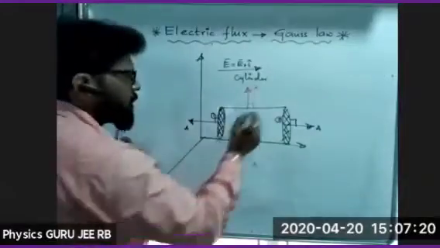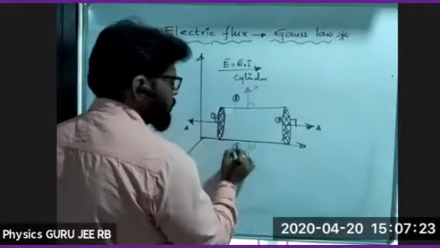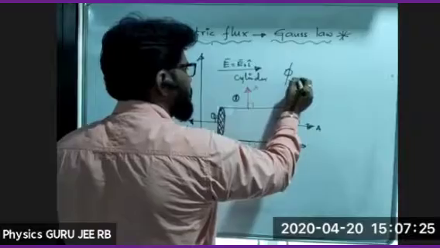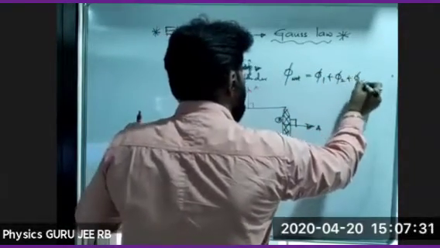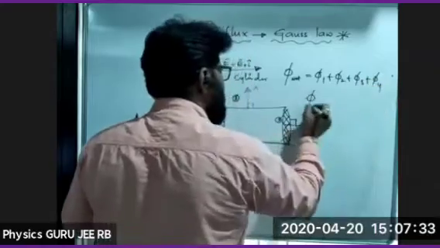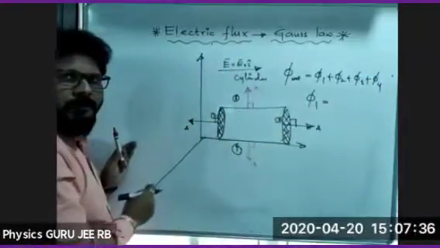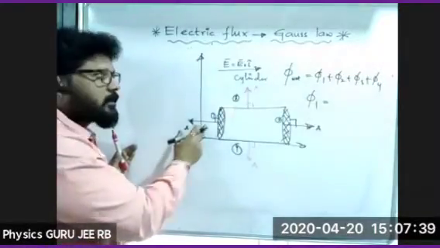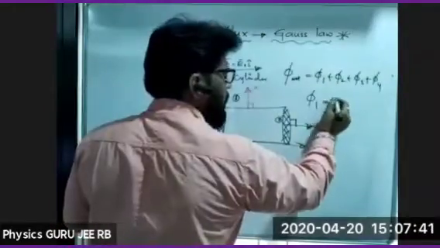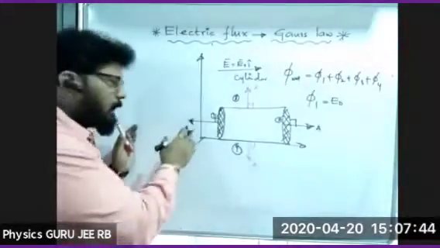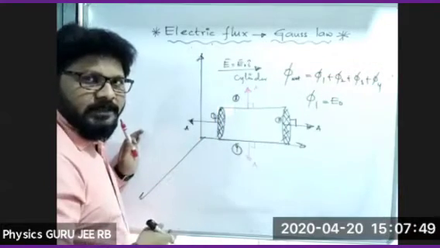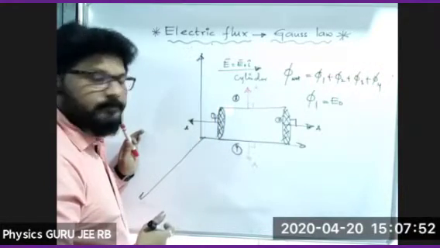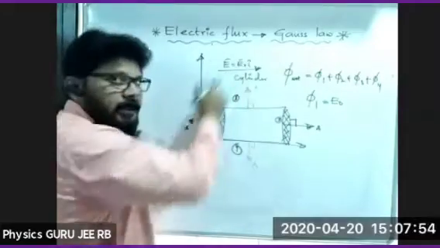First we'll take it as flux 1. This is 3, and this is 4. So net flux is equal to phi 1 plus phi 2 plus phi 3 plus phi 4. Can you tell me what is phi 1? For phi 1, E naught i direction. E and A, how are they? Same direction or opposite direction?